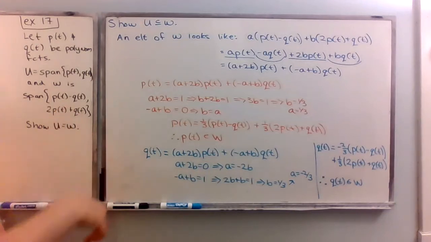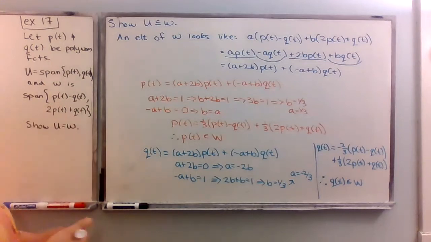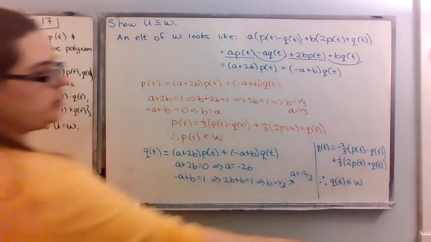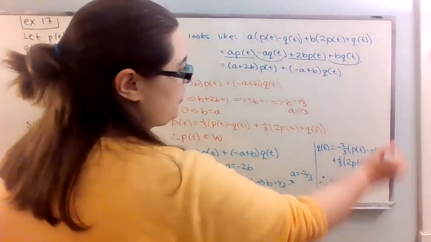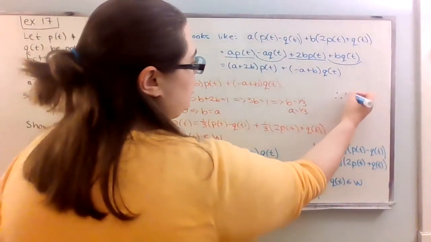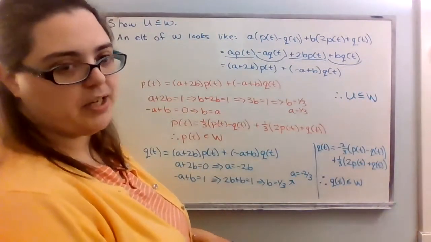So therefore, our defining features of U are contained within W. So down here, I would be writing, therefore, U is a subset of W. So we've shown containment in one direction.